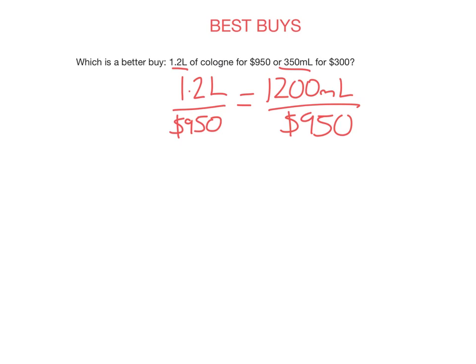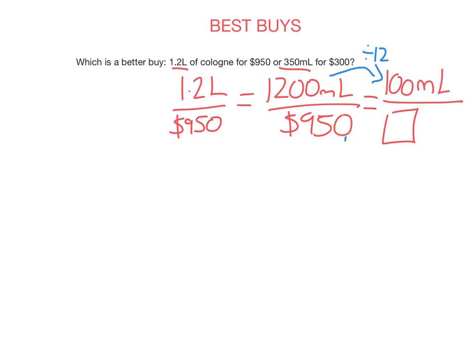As I said before, I want to find out which is cheaper per unit. I can choose in these best buys whether I find the cost of each per 100 mils or per 1 mil or whatever. In this example, I'm going to find which is the cheapest per 100 mils. So I want to write this as a rate with 100 mils on top, and I want to find what goes in the box at the bottom. Just like you've been doing with equivalent rates, to get from 1,200 mils to 100 mils, I've divided by 12.